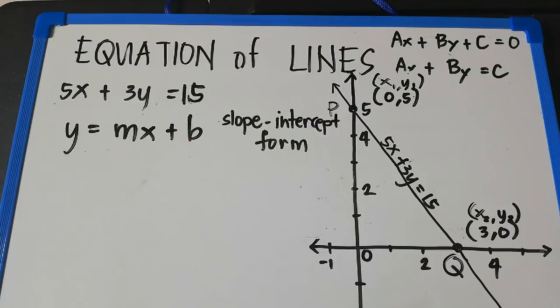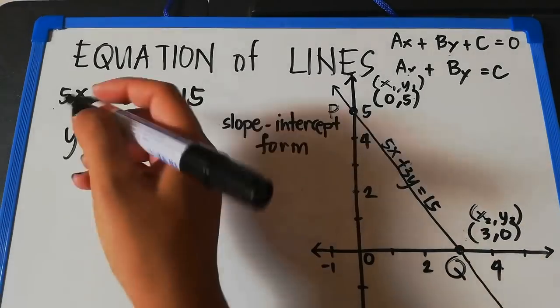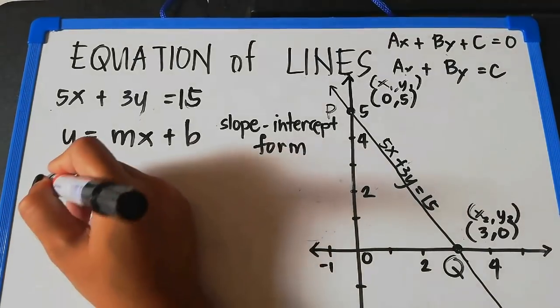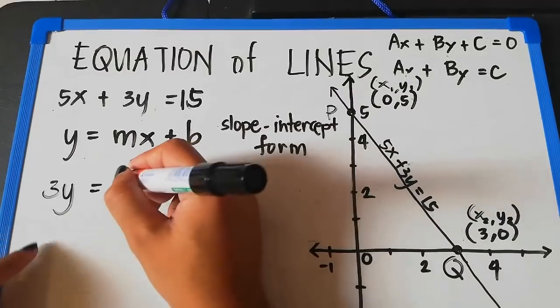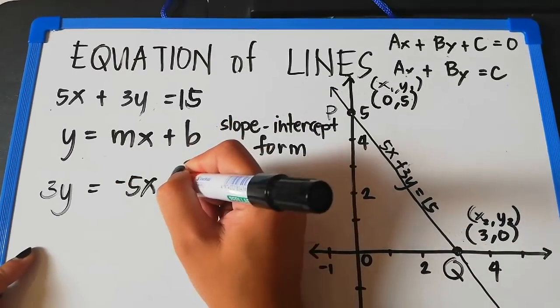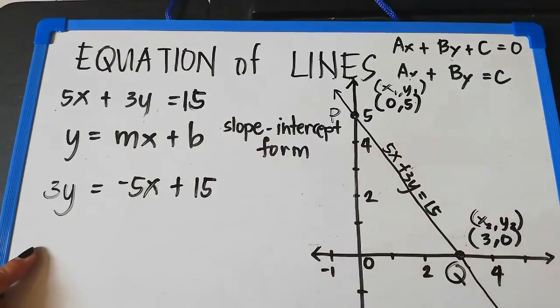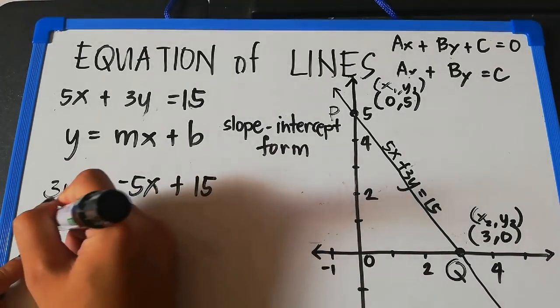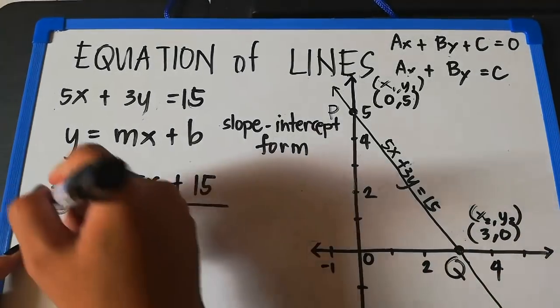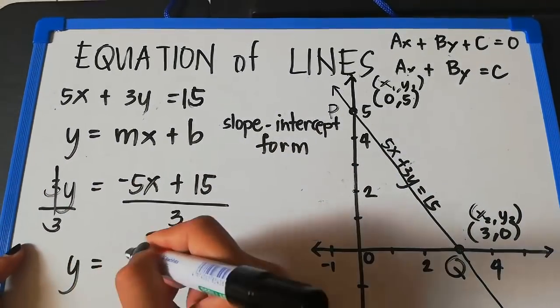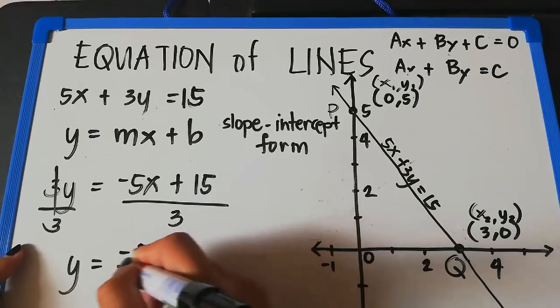So, for example, meron tayong 5x plus 3y is equal to 15. Para natin malalaman ang slope ng line na yan. So, by rewriting it to its slope-intercept form, we have 3y is equal to negative 5x plus 15. Then, solving for y, kasi kailangan y lang yung matira dun sa left side of the equation, y is equal to negative 5x over 3.